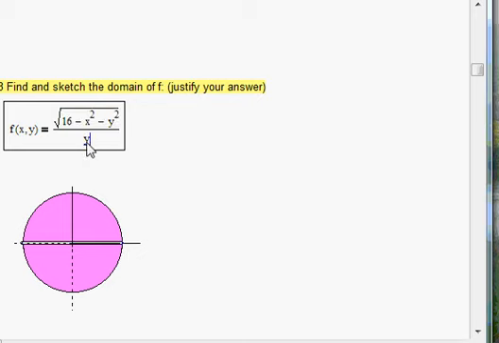But I also can't have y equal to 0 because y equal to 0 would make this denominator equal to 0, and I'm not allowed to do that. So what does that mean? Well, y equals 0 is another name for the x-axis. I don't know if you can see, I tried to eliminate the x-axis from the domain of this function.